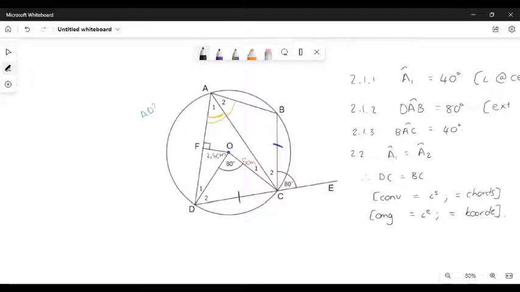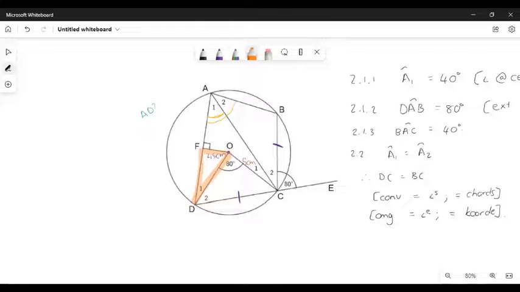Can someone tell me where to start? What am I going to ultimately use? Pythagoras. You're going to use Pythagoras. In which triangle? In A. I'm going to use it there.